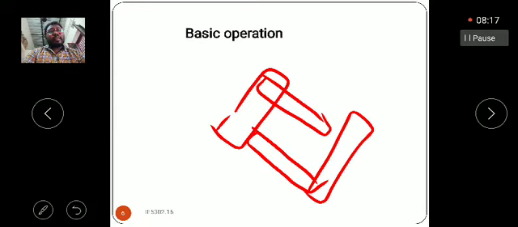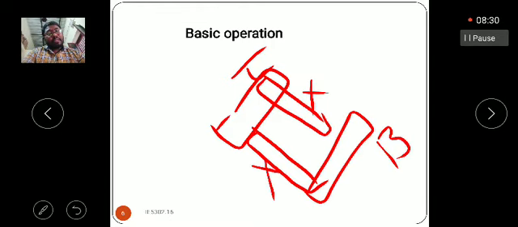For example, if a person is sliding in this path from top to bottom, this is the top, this is the bottom, path X, and this is path Y. In this path one person is sliding, and in the other path another person is sliding.